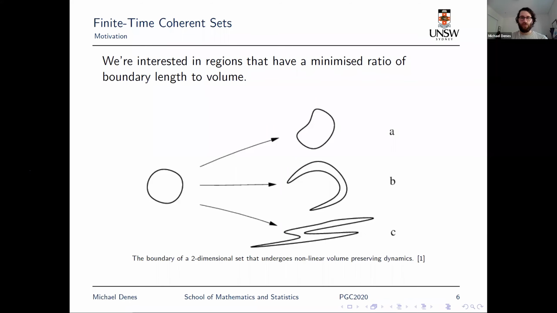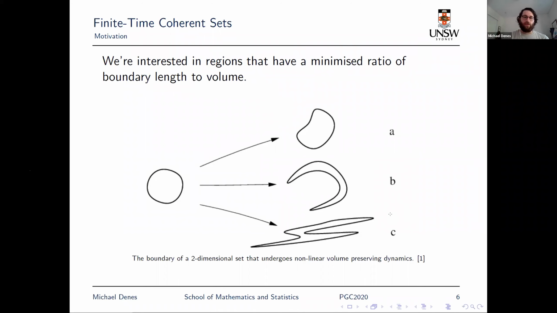So we can define finite time coherent sets as regions of fluid that have a minimal average boundary length to volume. So we wouldn't consider B or C to be finite time coherent sets because on average, their boundary length is rather large compared to the volume, whereas under the dynamics of A it remains quite small. So we would consider the dynamics of A to have a finite time coherent set, but B and C wouldn't be the case.